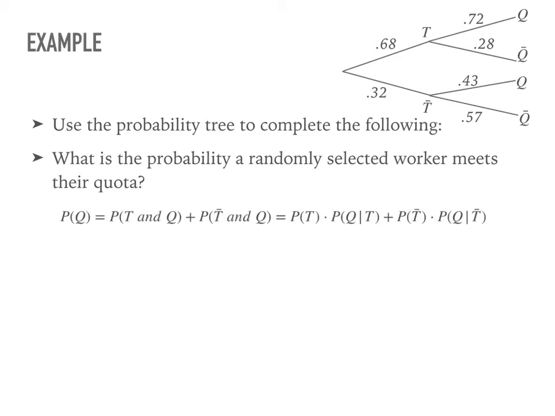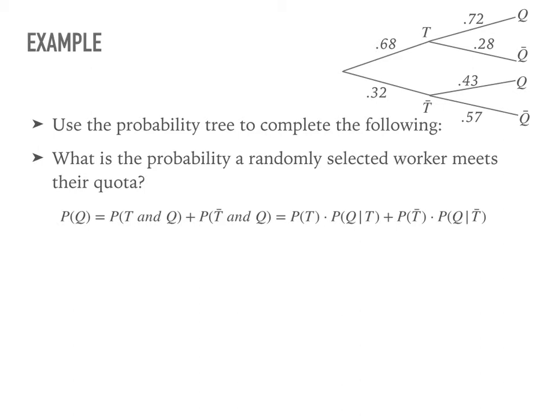So we see that we're really looking at the probability of being a trained worker and meeting quota, plus the probability of being an untrained worker and meeting quota, which is equal to the probability of being trained times the probability of meeting their quota given they were trained, plus the probability they were untrained times the probability they met their quota given they were untrained.